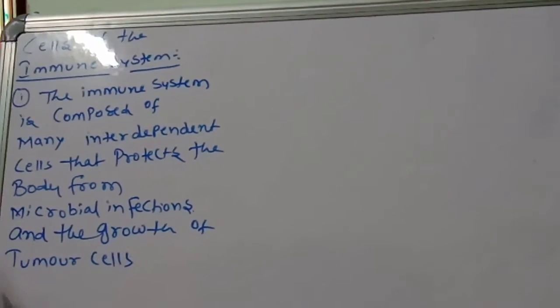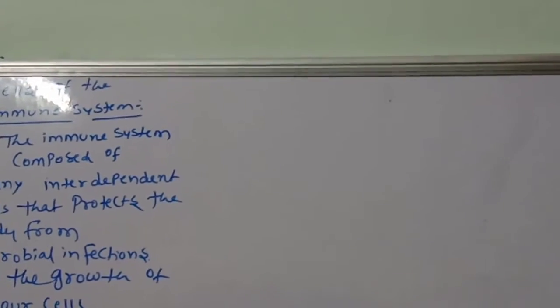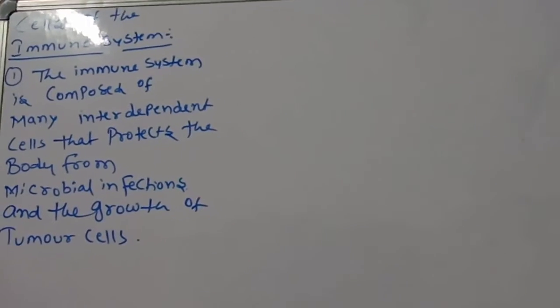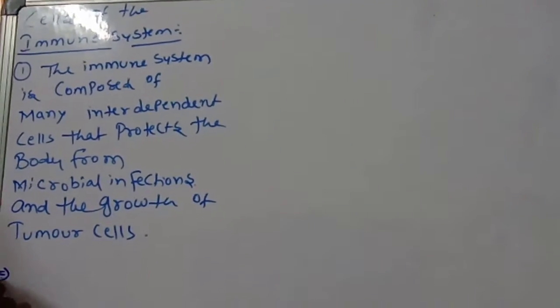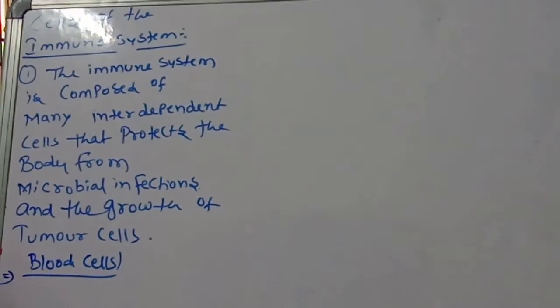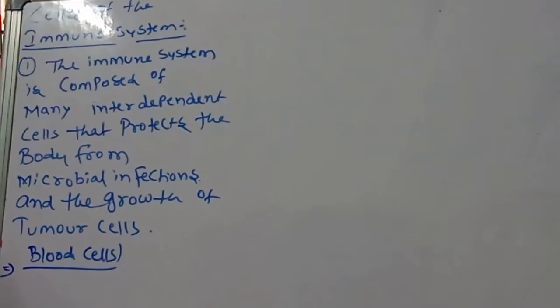Like this, there are immune system cells. All these immune cells are blood cells: red blood cells, white blood cells, platelets.